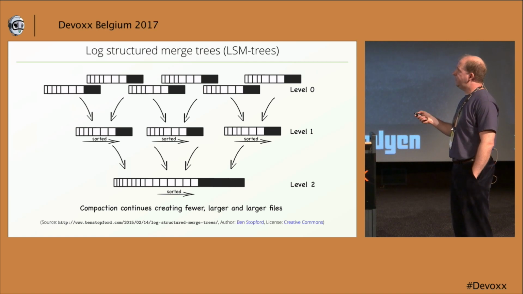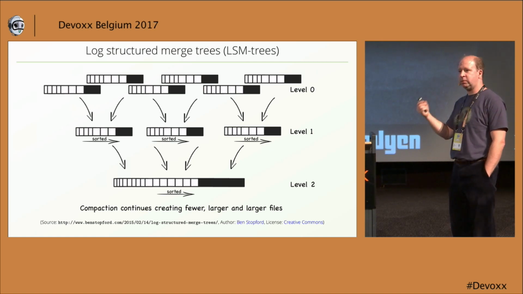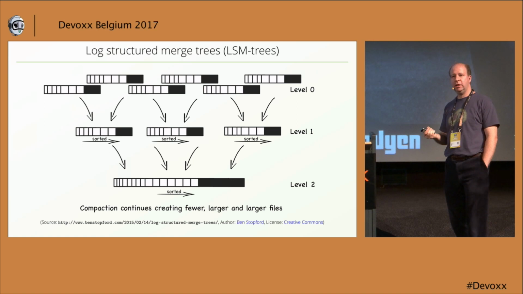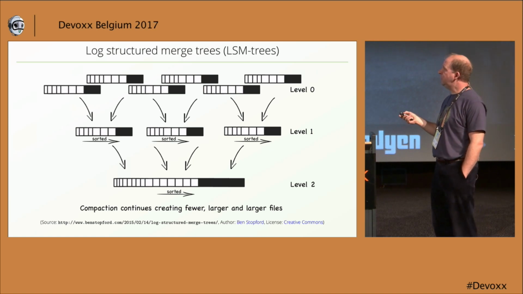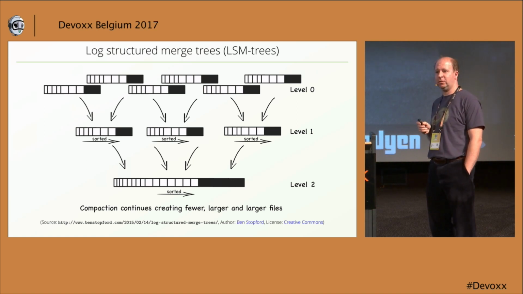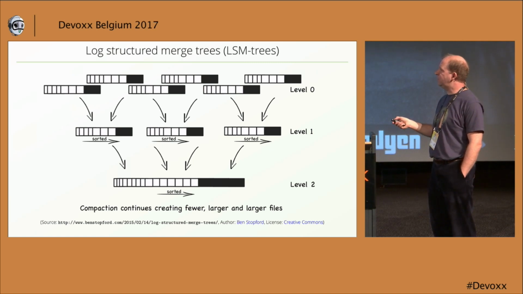Once such a file is sealed, and there are enough of them, and these can cover arbitrary regions of the key space, then a compaction process in the background comes along and takes a bunch of these and merge sorts them into larger ones, one level below. And here we make it so that everything in here is smaller than everything in here, and so on.